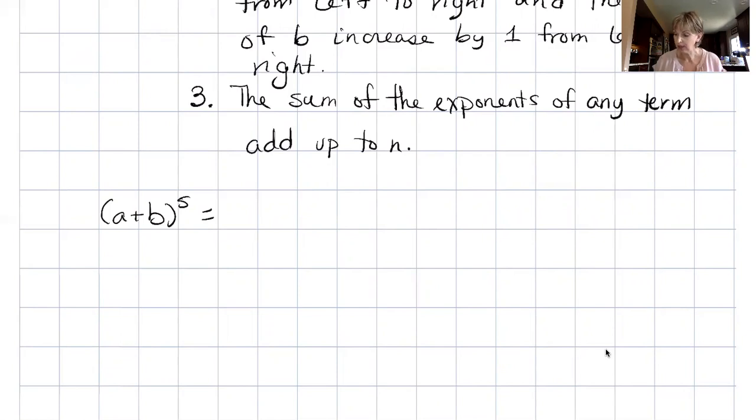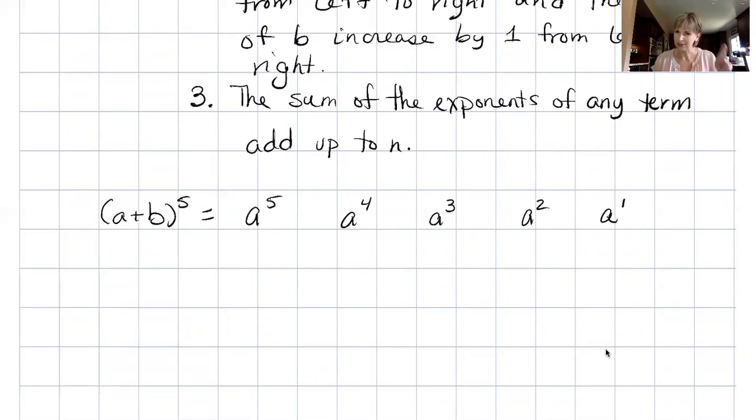So we know that the a exponent starts at 5 and then decreases as we go, okay? So we're going to have an a to the 5th, an a to the 4th, an a cubed, an a squared, an a to the 1, and then an a to the 0, which is 1. And then the b, right?